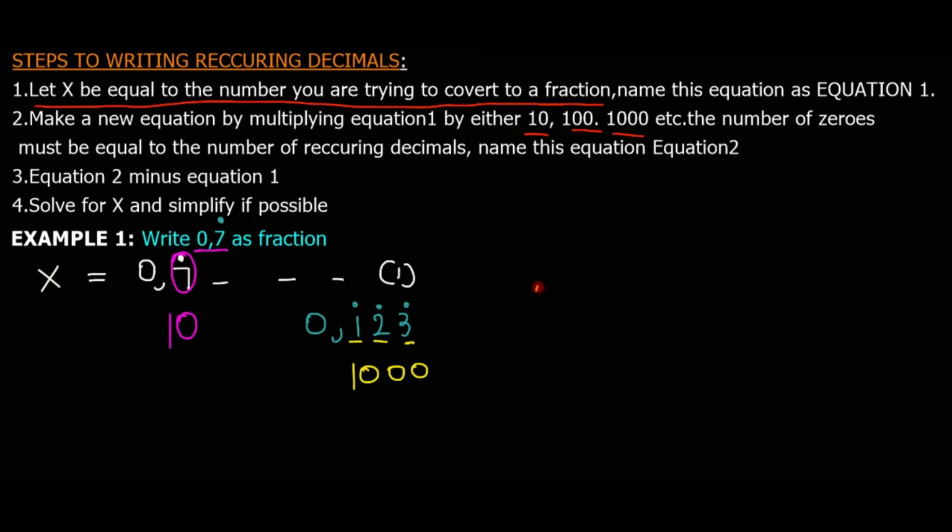So even if we had something like 0.72, because after the decimal we have 2 numbers, we expect two 0s and then a 1.